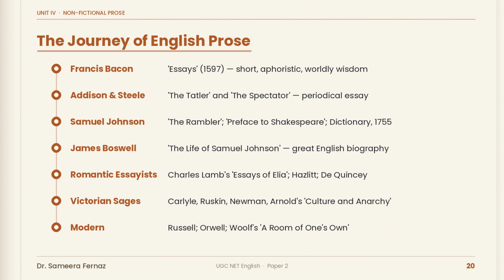Among the romantic essayists, Charles Lamb wrote Essays of Elia, along with Hazlitt and De Quincey. The Victorian sages are Carlyle, Ruskin, Newman, and Arnold with Culture and Anarchy, and in the modern age were Huxley, Russell, Orwell, and Woolf's A Room of One's Own.